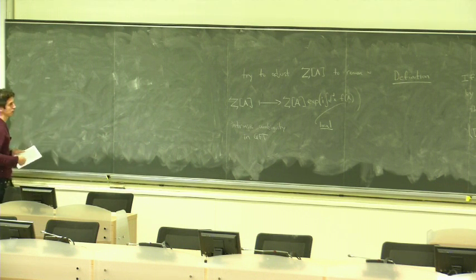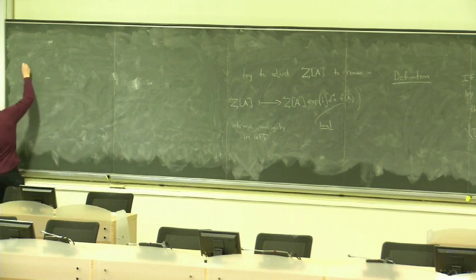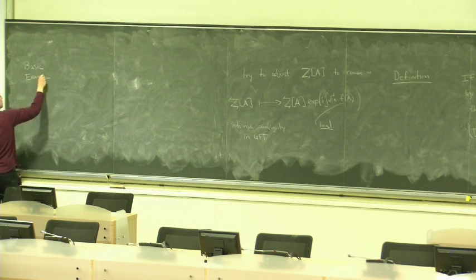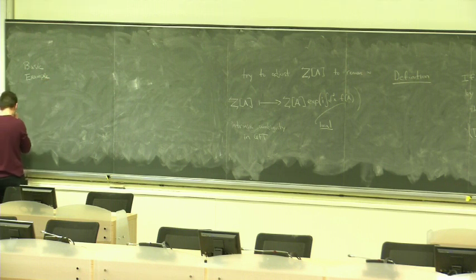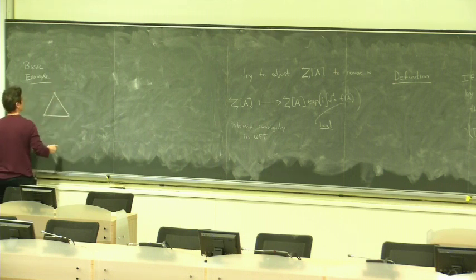Okay, so everyone has probably seen something like this before, but to ground you in a basic example, so basic example in 4D QFT are the examples that come from triangle diagrams.